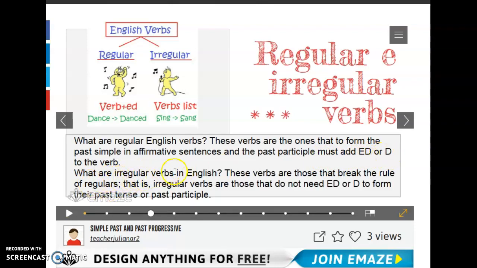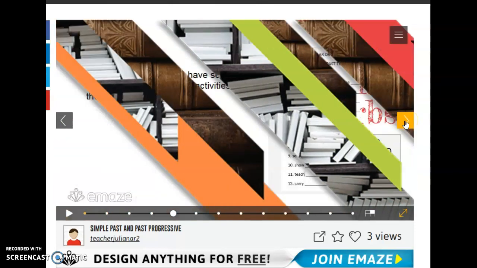What are irregular verbs in English? These verbs break the rule of the regular ones. That is, irregular verbs do not need ed or d for the past tense or past participle. This is an explanation that I will give to my students.